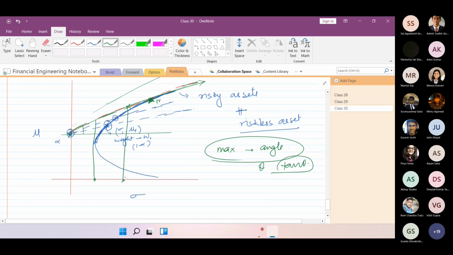We just need to find one portfolio among all the risky ones, and that is the market portfolio, and that's why it is also called the one fund theorem. So if I add one riskless asset to our portfolio, I move from the two fund theorem to the one fund theorem.